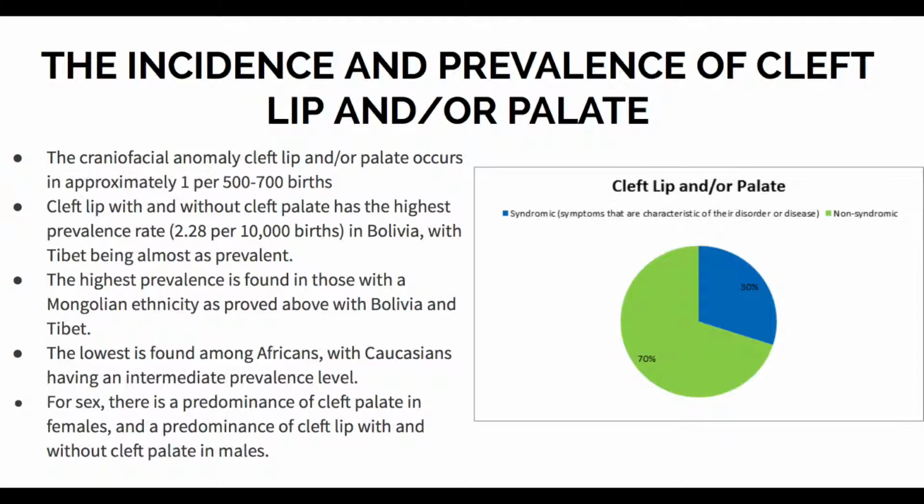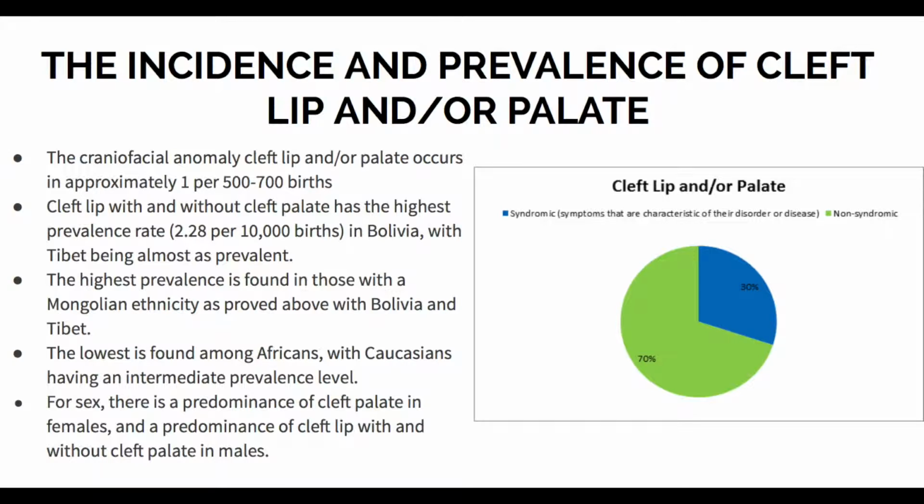According to the World Health Organization, the craniofacial anomaly cleft lip and/or palate occurs in approximately 1 per 500 to 700 births, with this ratio varying substantially throughout geographical areas and ethnic groups. They also estimated that 30% of cleft lip and/or palate are syndromic, which is symptoms that are characteristic of their disorder or disease, and the other 70% are non-syndromic.